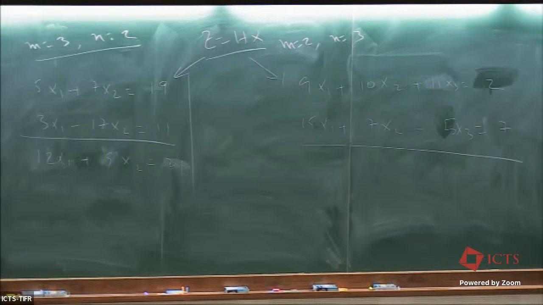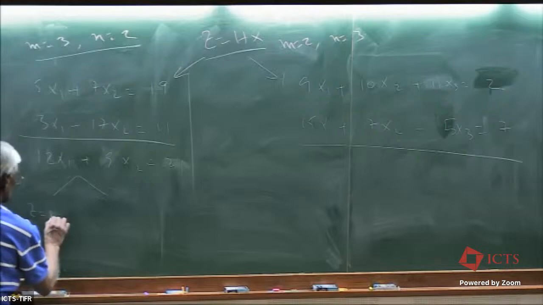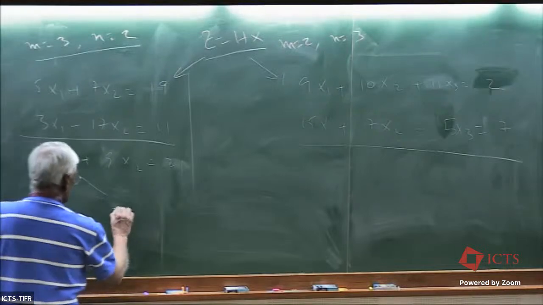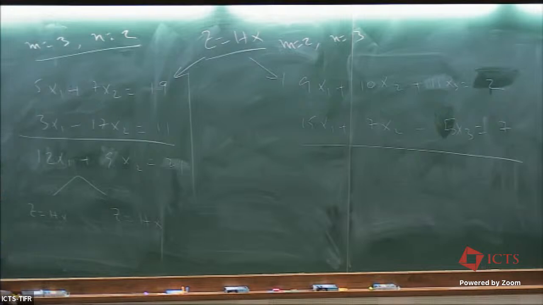Under what condition will there be a solution? So let's consider 2 cases now. So z is equal to h of x. Are you with me? So given z and h, there must be a solution x. Means what? z must be expressible as a linear combination of the columns of h.